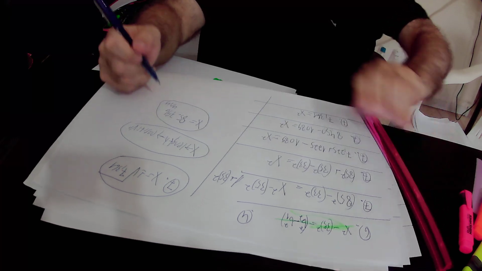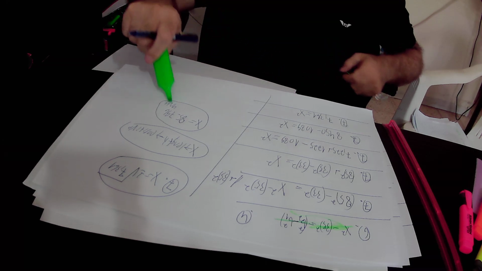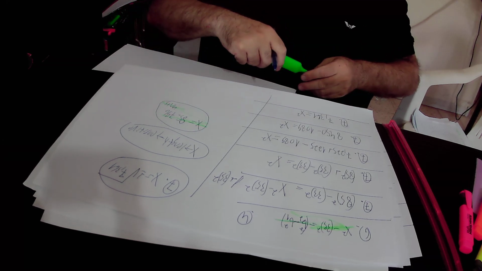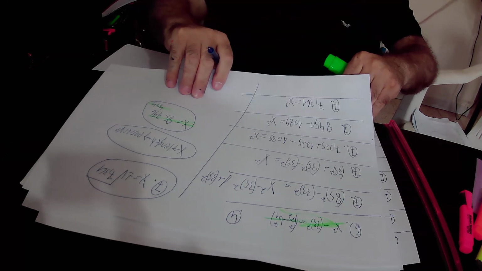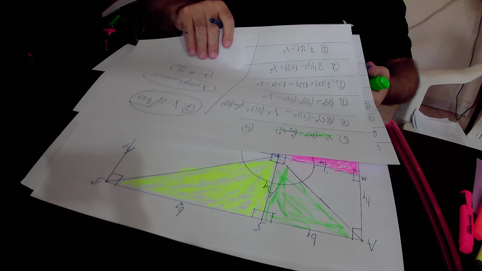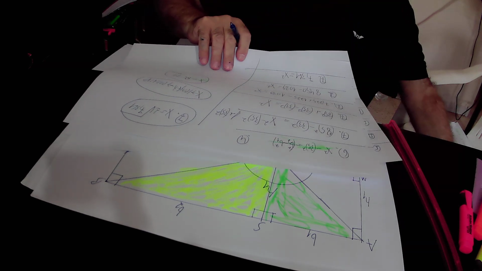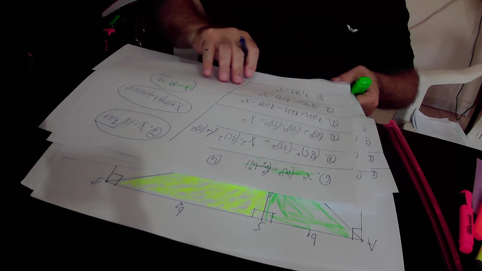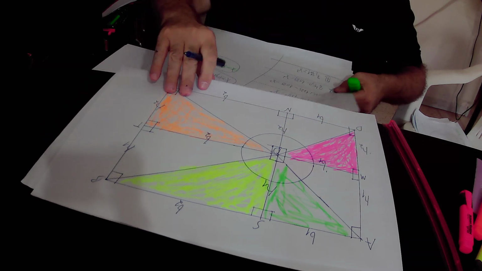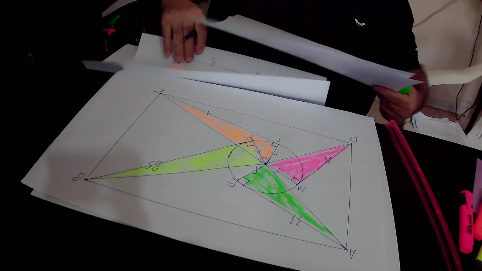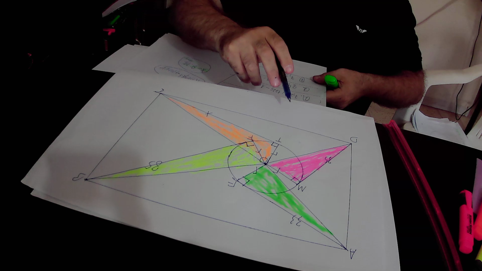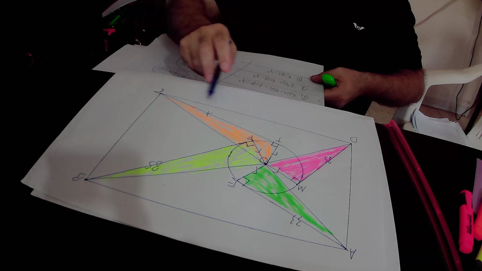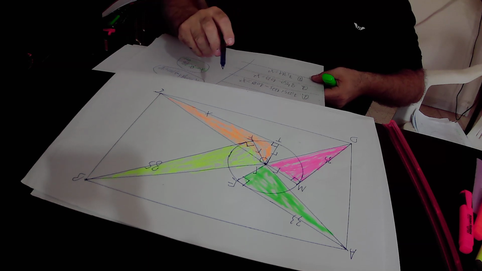So we found out that the length of this line segment x equals 85.798 units.